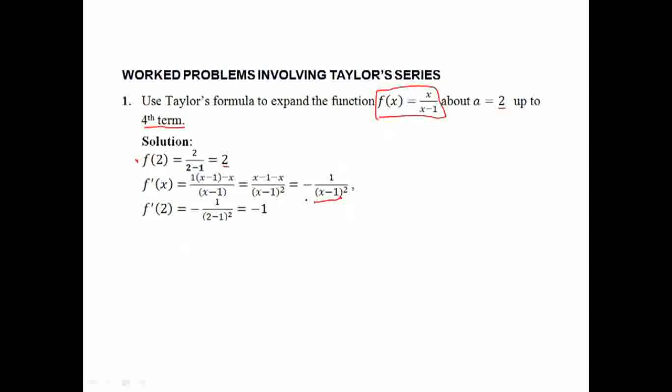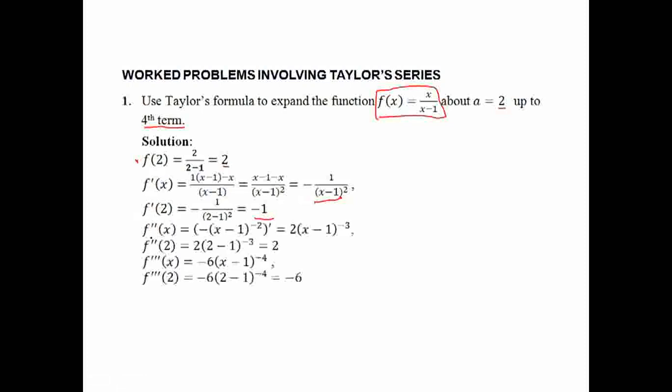Then, having got it, we again replace the value of x by 2. After careful replacement, f prime of 2 will give us negative 2 as the answer.